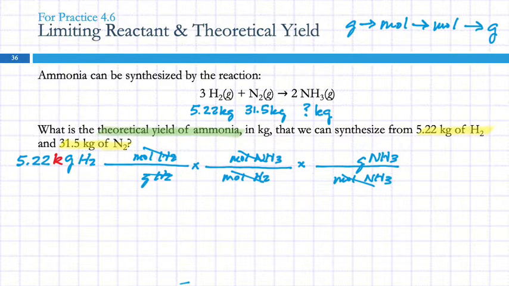And here, the grams H2 is canceling the grams H2, but not the kilo part. What's the mole ratio here? What goes in front of H2? 3, and in front of NH3? 2. We need the molar mass of H2.